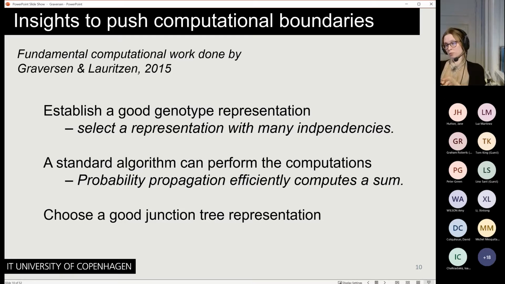But also that probability propagation operates on junction trees and not the Bayesian network per se. So establishing a good junction tree representation made a huge difference. Also, searching for good junction trees is very, very costly.